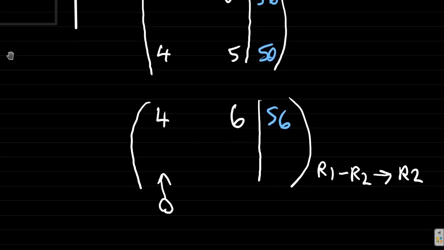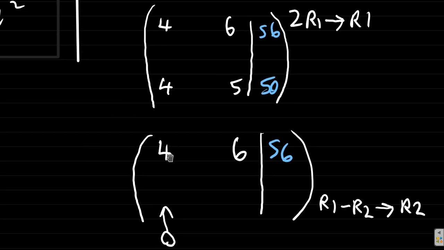Then we want a 0 here. So what we do? We say row 1 minus row 2 gives us a new row 2. 4 minus 4 will give us 0. So now we have our 0, exactly where we want it. Then 6 minus 5 is 1. 56 minus 50 gives you 6.